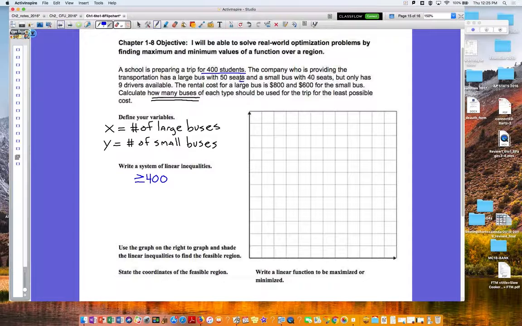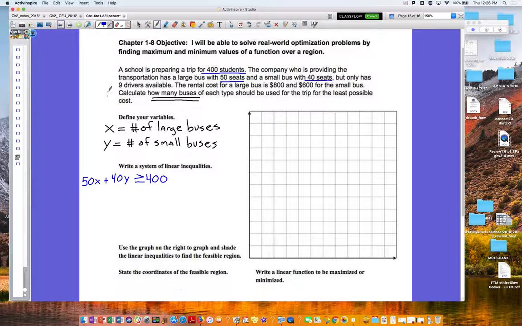For every large bus we order, we can get 50 students on that bus, so 50x, plus, for every small bus we order, we get 40 students, so 40y. So the combination of large and small buses has to be greater than or equal to 400.